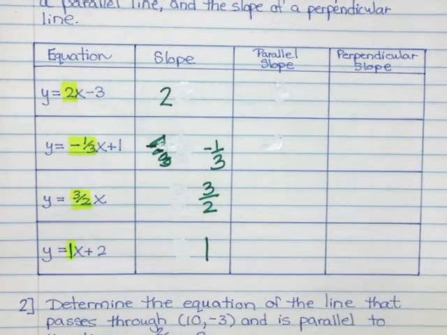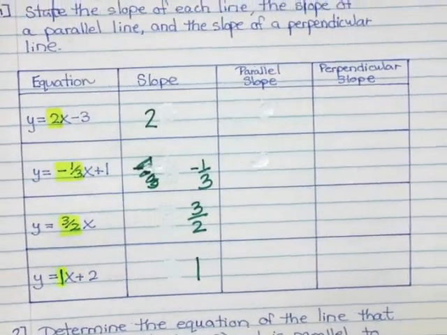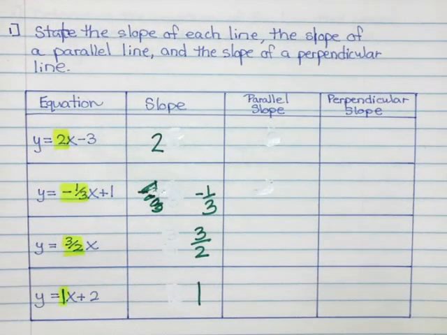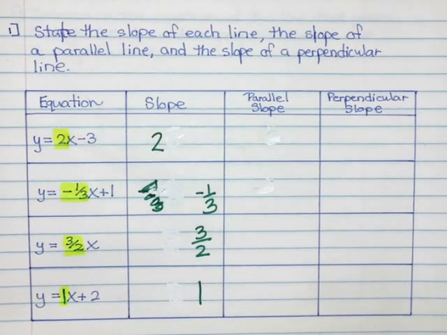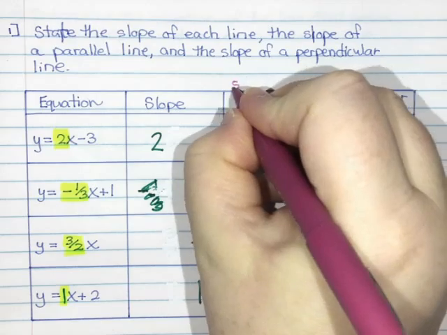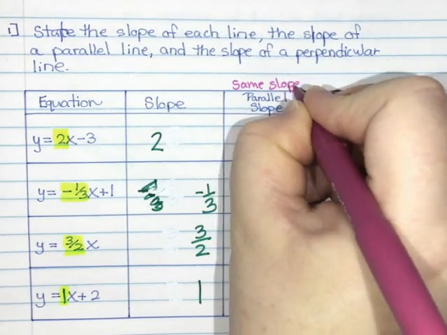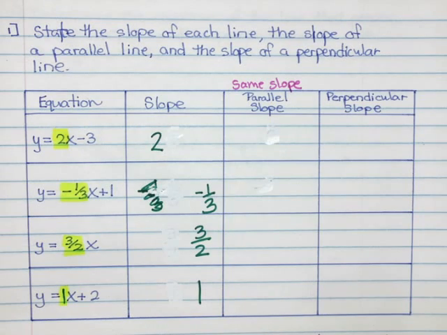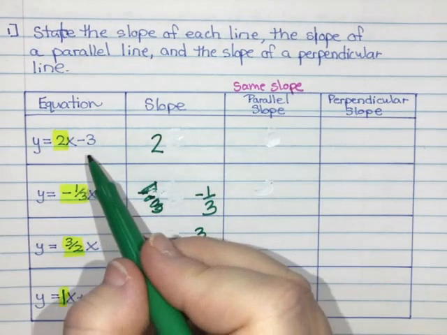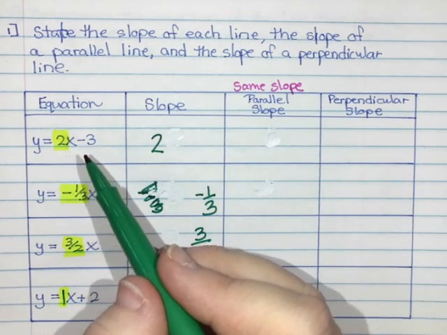Okay, so parallel slopes. So in the very first part of this lesson, we talked about lines that are parallel. Things that are parallel have the same slope. So if a parallel line, something that was parallel to this, it should have the same slope.